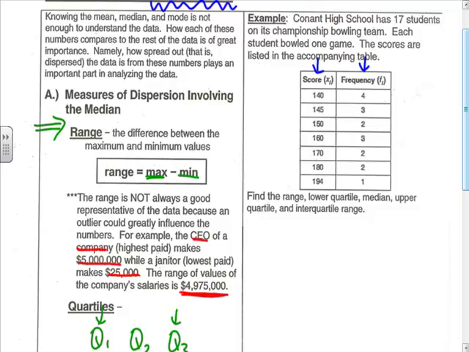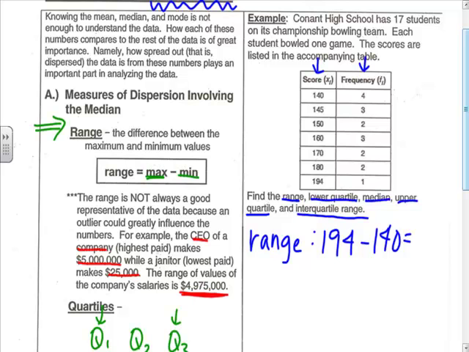So our job is to find the range, the lower quartile, also known as quartile 1, the median, the upper quartile, also known as quartile 3, and the interquartile range, the IQR, which we just talked about. Now, the range, we actually do need to use our brain because our calculator is not going to tell us what the range is. So if the high score was 194 and the low was 140, then our range would be 54.